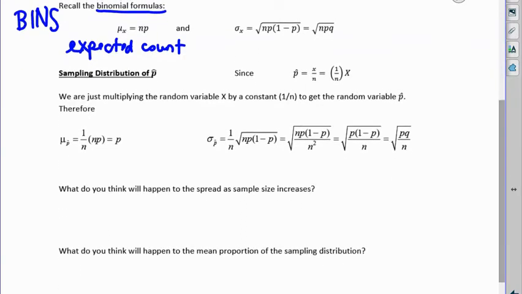But since we're doing a sampling distribution of p hat, and since we know that p hat will be x divided by n, we can see that our p hat will be our best guess at what we think the true population p-value is.